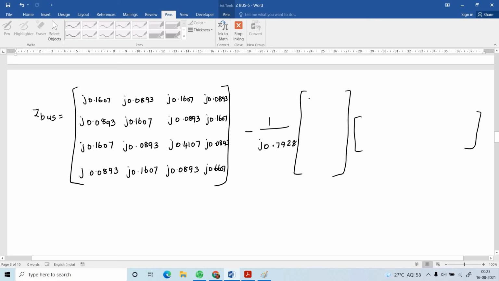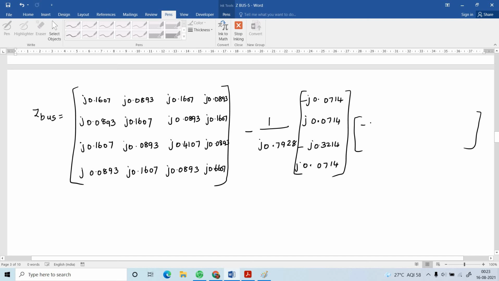Column elements minus J0.0714 plus J0.0714 minus J0.3214, J0.0714.